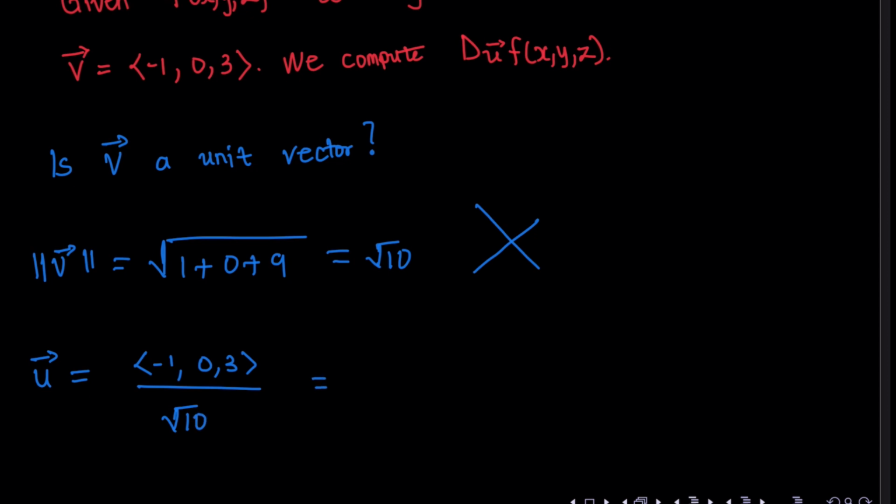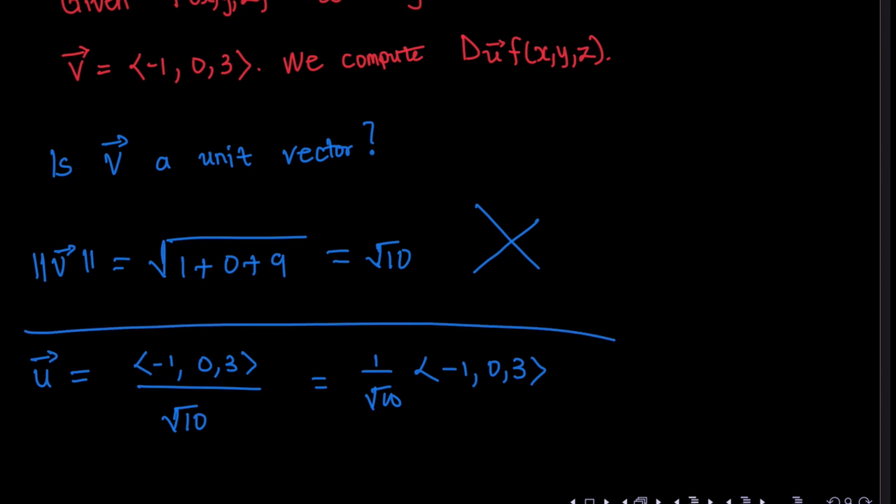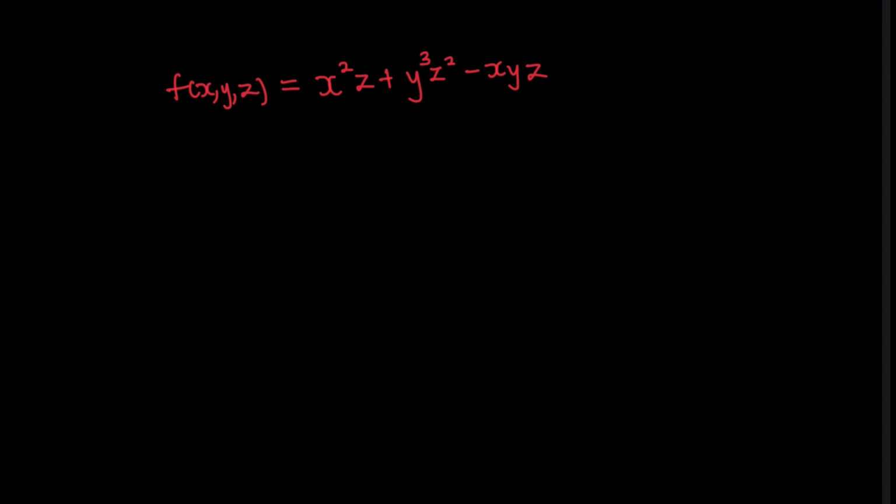So we are going to have 1 on root of 10 times minus 1, 0, 3. So this is now our unit vector. So we use this to solve the given question. Now let's compute the partial of f with respect to x. That's going to give us 2xz minus yz.